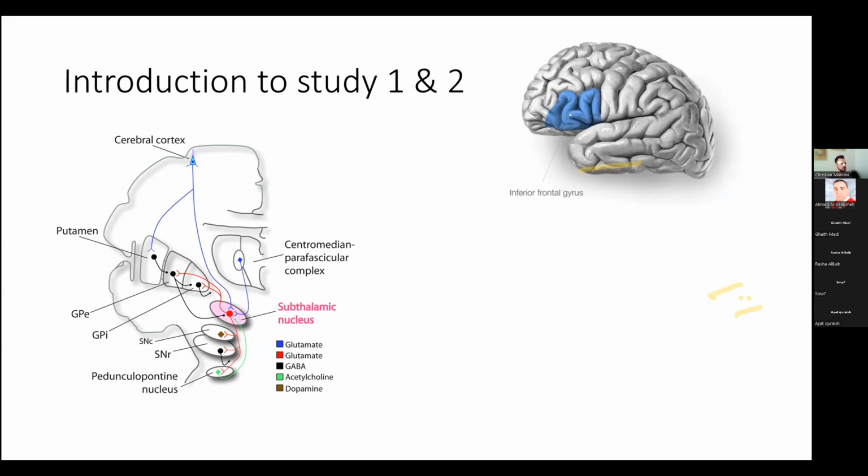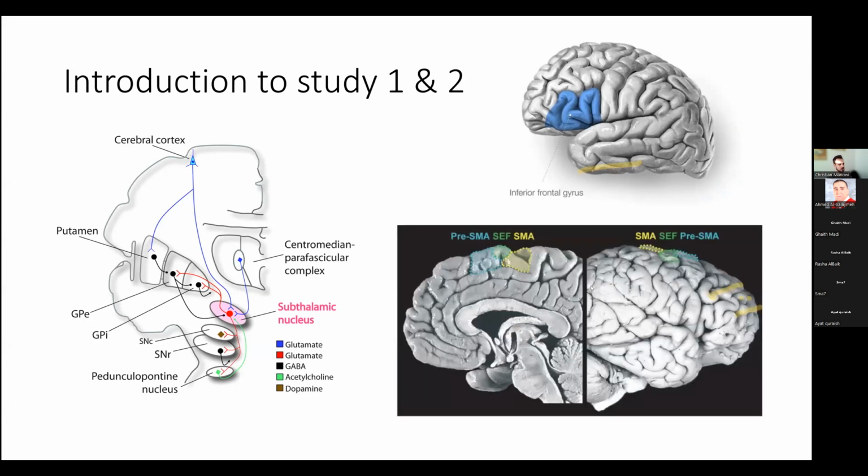It's more or less where your ears are located on your brain. And the pre-supplementary motor area in blue here is inside the medial part of the brain. So if you take the two hemispheres of your brain apart, it's on the inside.